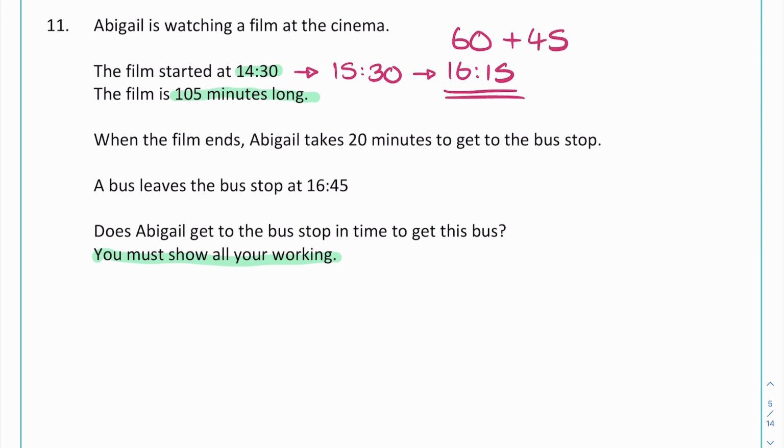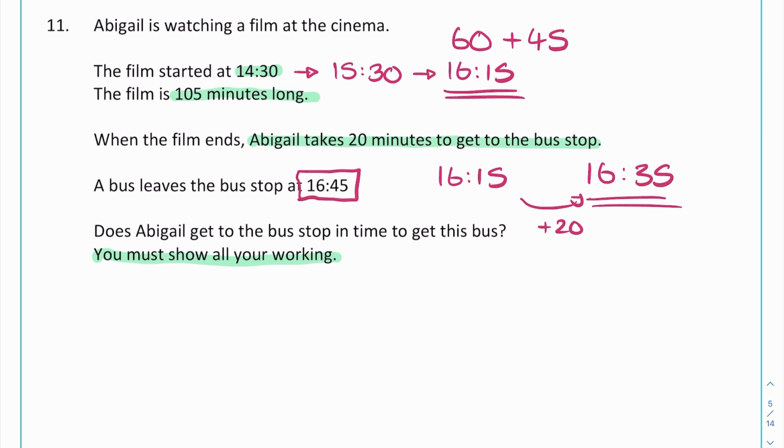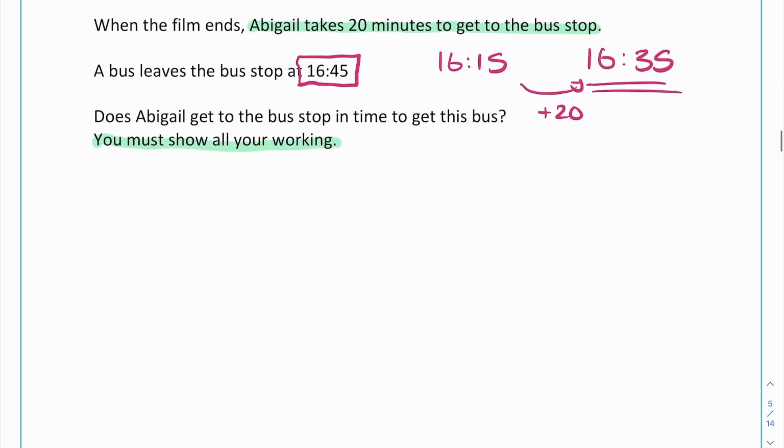It says then when the film ends, Abigail takes 20 minutes to get to the bus stop. So we're currently sitting at 4:15, and it's going to be another 20 minutes. So if we add 20 minutes to that, it would become 16:35. And there we go, that would be the time when she gets to the bus stop. So it says here the bus leaves at 16:45. Does Abigail get to the bus stop in time?